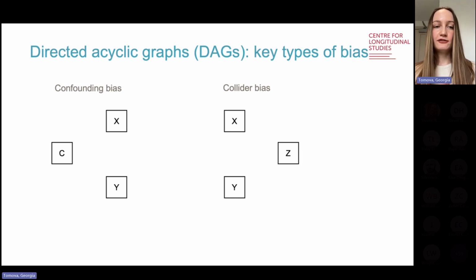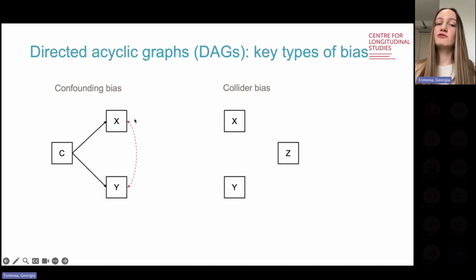So first, on the left, we'll consider confounding. Confounding is generally well understood, and hopefully most of you will have heard of this. Suppose we have two variables, X and Y, or any exposure and outcome that you might be interested in, and suppose that these are both caused by a third variable, C, our confounder. Now X and Y will share a relationship that might be spurious just because they have a common cause.